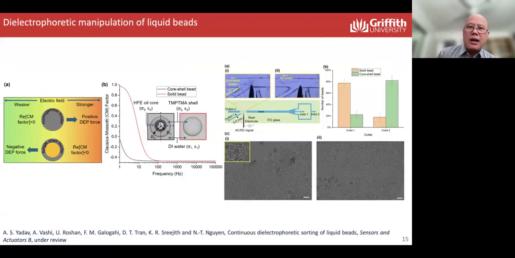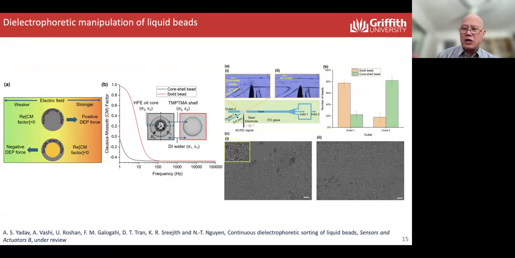Now another approach is using dielectrophoretic force, which is much easier than magnetic force, because all the bits or all the particles have dielectrophoretic footprints or characteristics just based on their geometry.